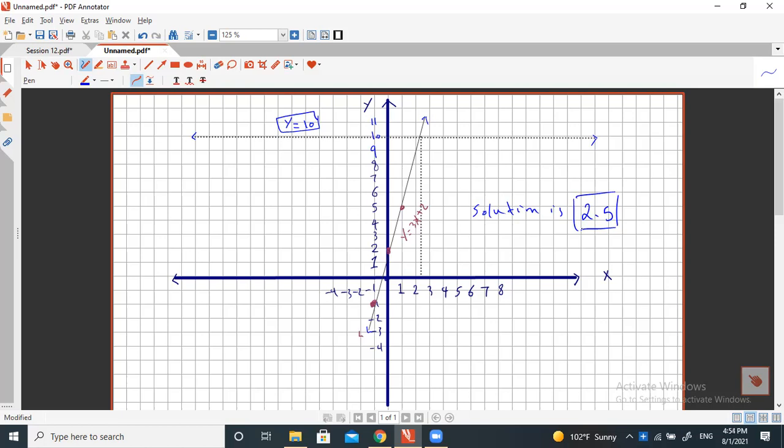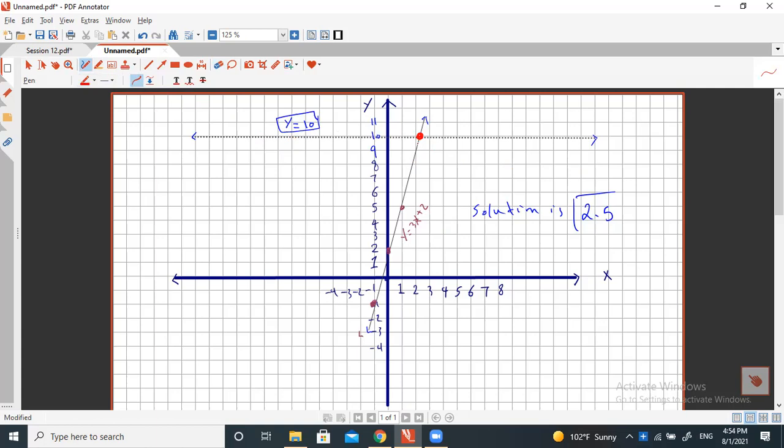Look. You see the screen, yes? Yes. Okay. First of all, you know how to graph y equals 3x plus 2? Yes. Okay, we graph it. Then, you know how to graph y equals 10? Yes. We graph it. You see the intersection point here? Yes. Here, the intersection point.